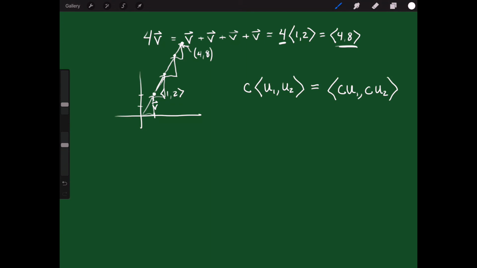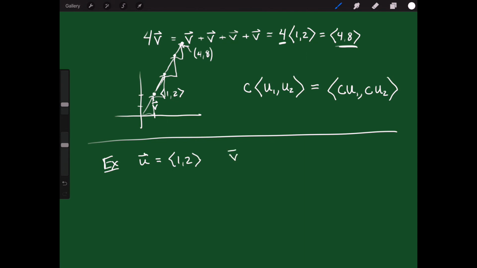Make sense? So let's do another example really quick. Let's say I have 2 vectors. Let's say u is equal to 1, 2, and v is equal to the vector 2, 3.